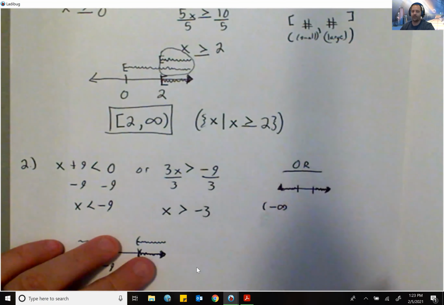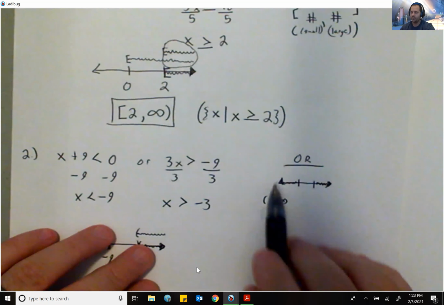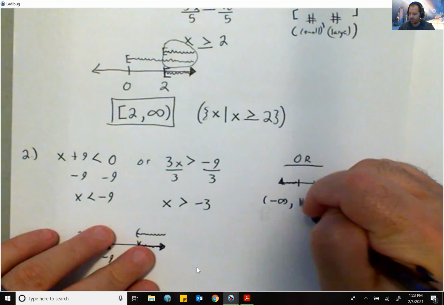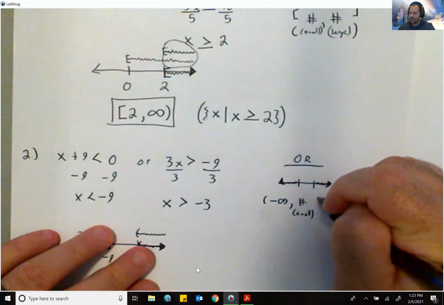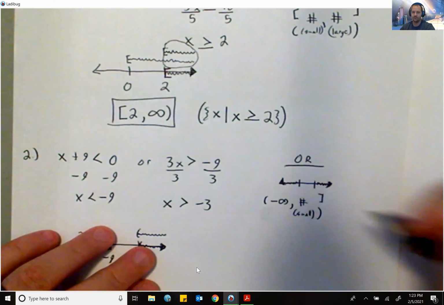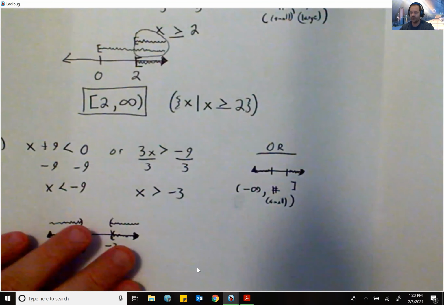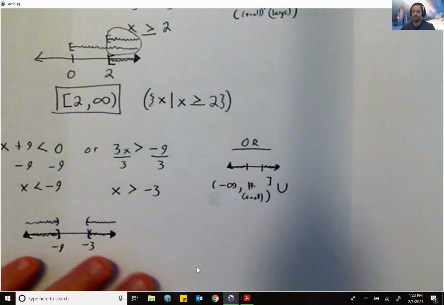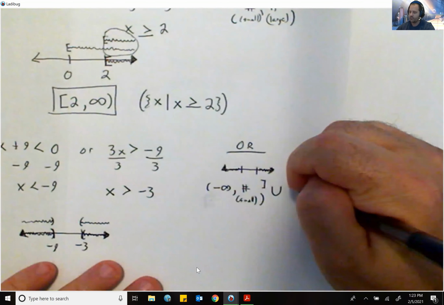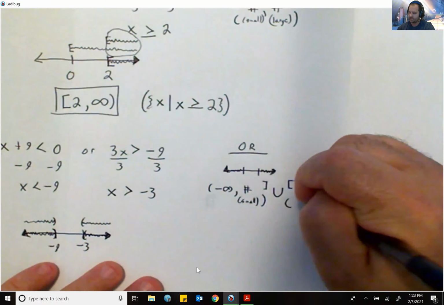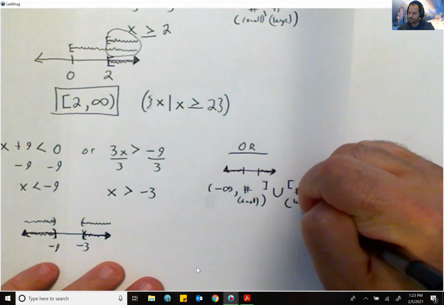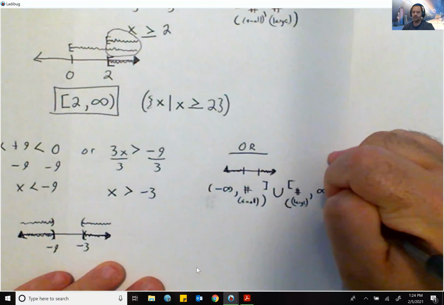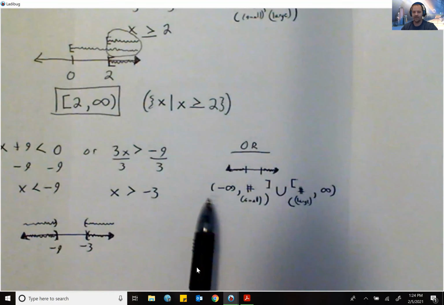OR answers start with a parenthesis most of the time, negative infinity, comma, your number, which is the smallest, and then it is a bracket or a parenthesis depending on your sign. And remember, these get a union symbol between them. And then another bracket or parenthesis. This time it's your large number, comma, infinity, parenthesis. OR answers generally look like this.